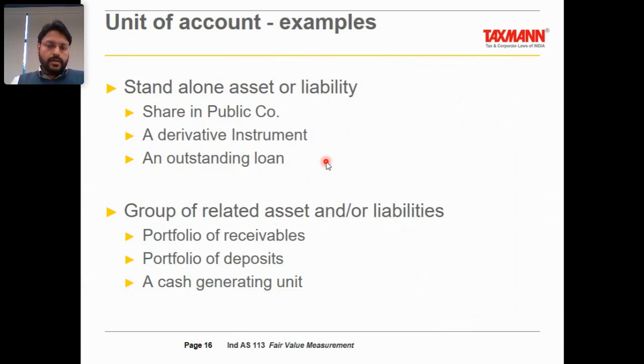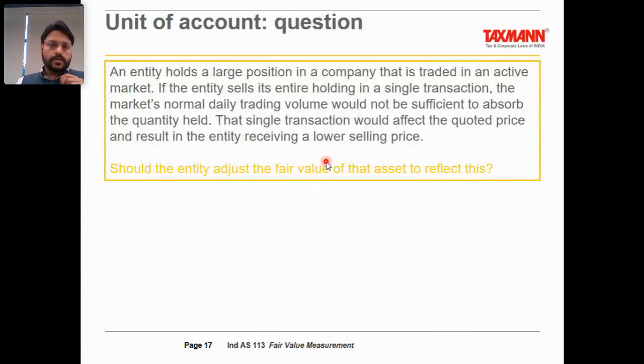So for example, there is a machinery which is usable only if certain other assets are added in that particular unit, and then only the machine can be made operational. So the unit of account here could be a CGU, cash generating unit, as well. So this is the unit of account concept.